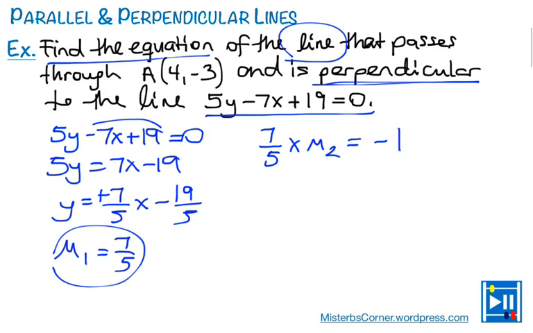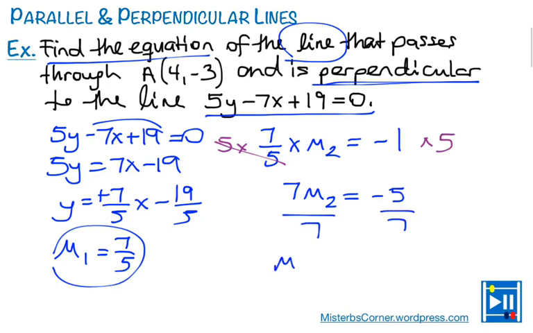Here, you can say times 5 to both sides, cancelling these, and ending up with 7m2 equals negative 5, and then dividing by 7, you can end up with m2 being minus 5 over 7.